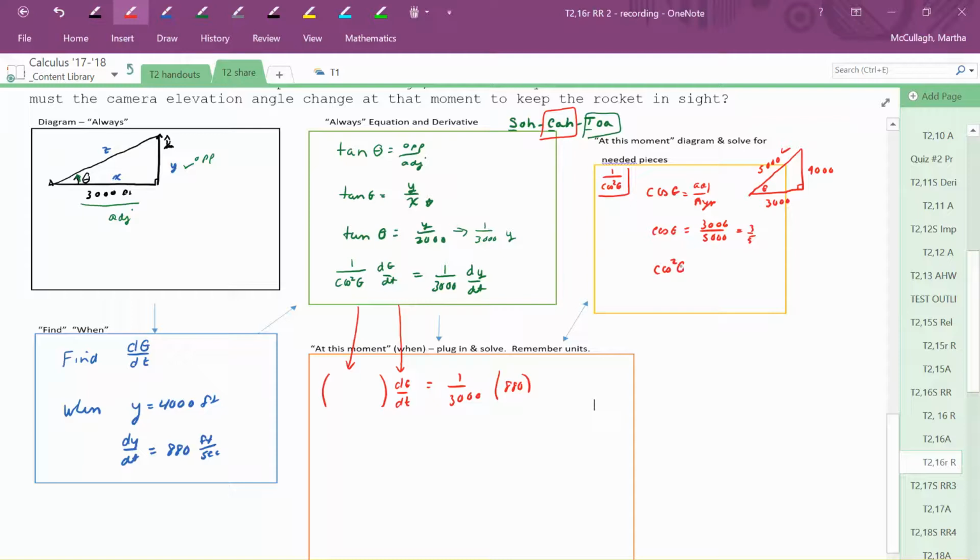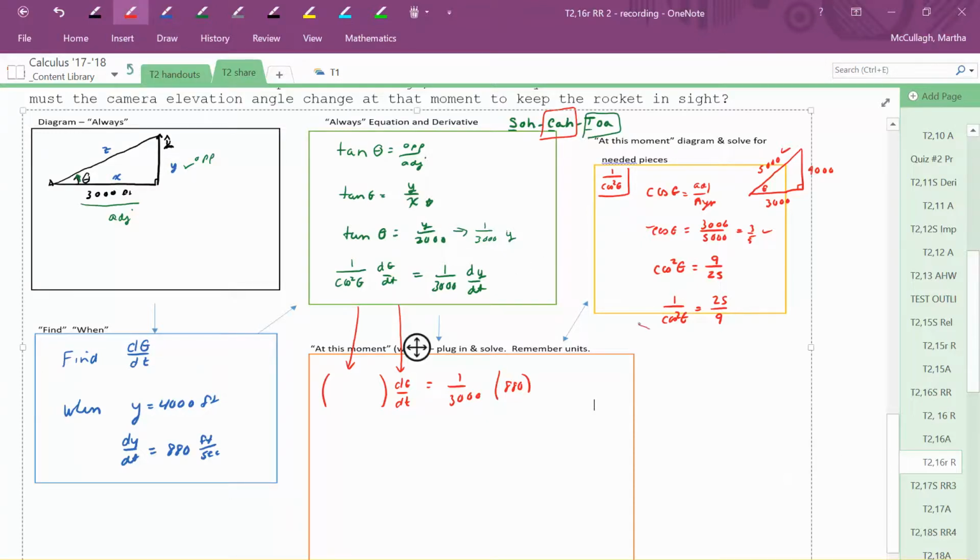Cosine squared theta then must be 9 over 25, square each side. And 1 over cosine squared theta, I took the reciprocal of this side, I'll take the reciprocal of that side. Now, back here, if I had multiplied each side by cosine squared theta, I wouldn't have to take that reciprocal because I would just have cosine squared theta. But as I mentioned earlier, I'm doing it the harder way.